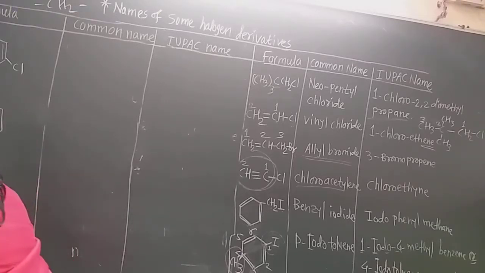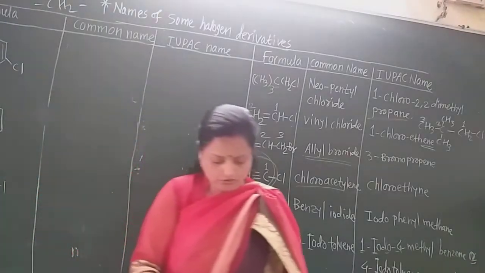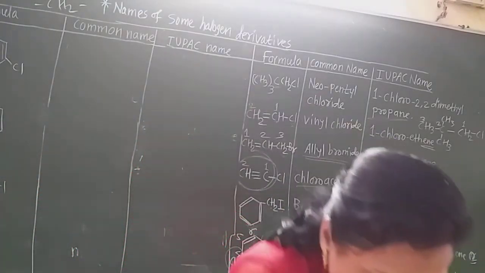And the third one is in this way. Then how can we write down the names?